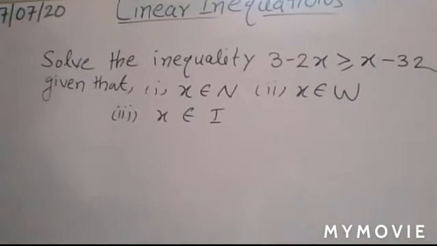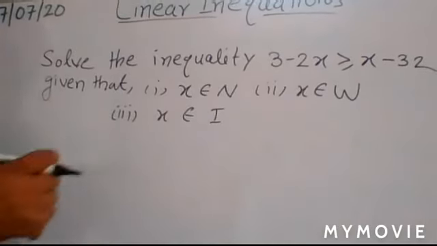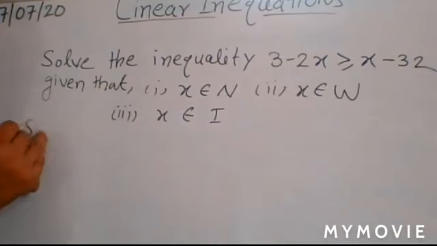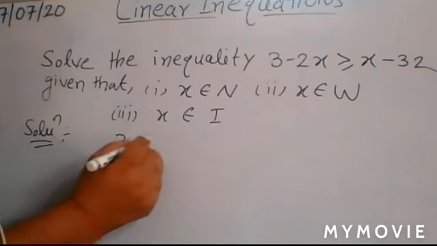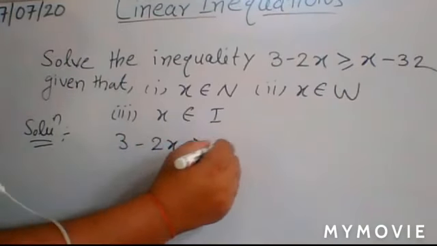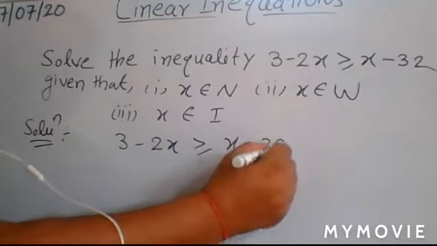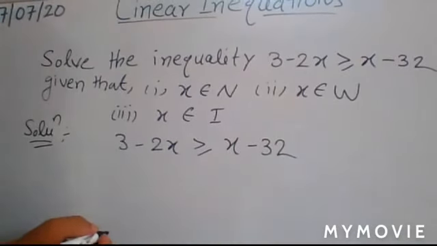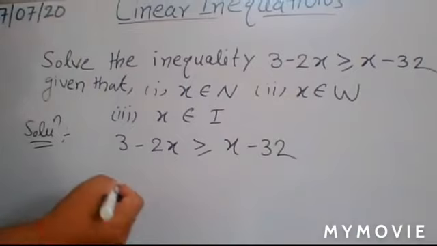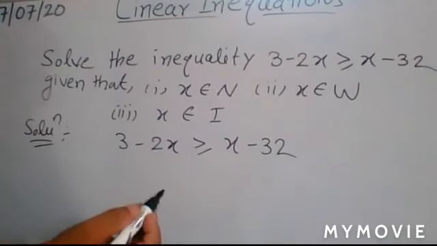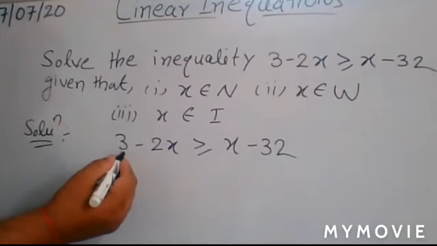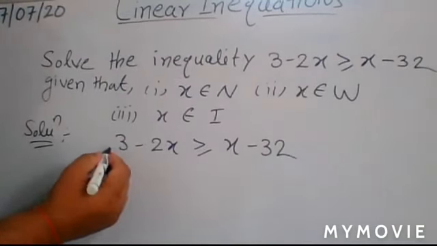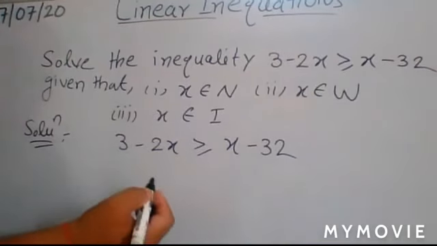So what do you do to solve such a question? First you have to write your inequality: 3 minus 2x greater or equal to x minus 32. Solve it by the rules I just discussed. Here you have 3, so you add -3 on both sides.